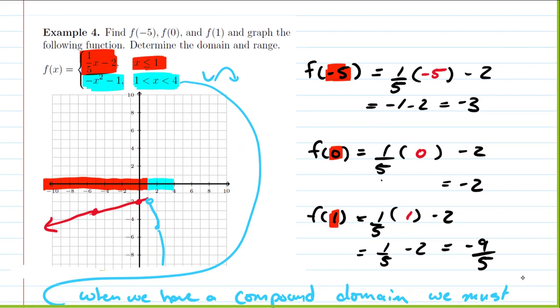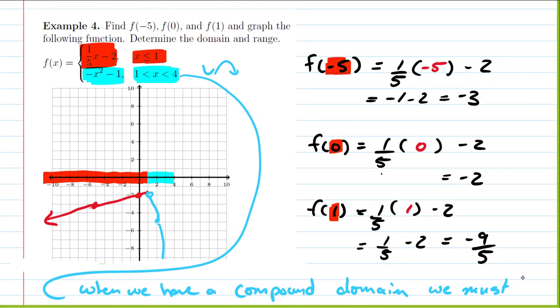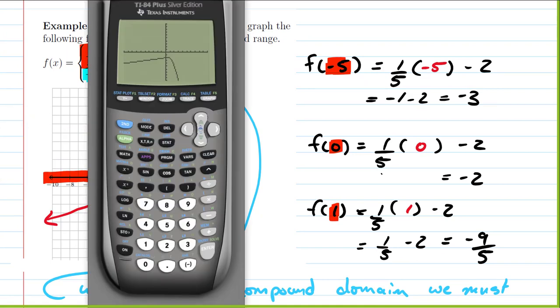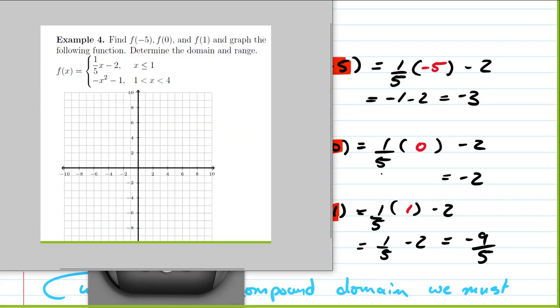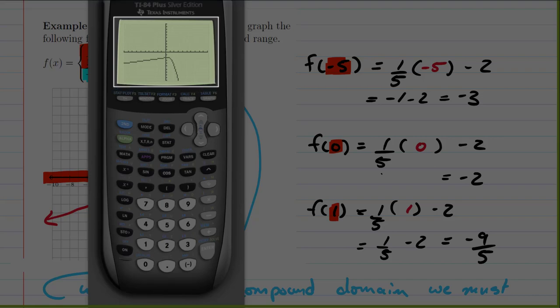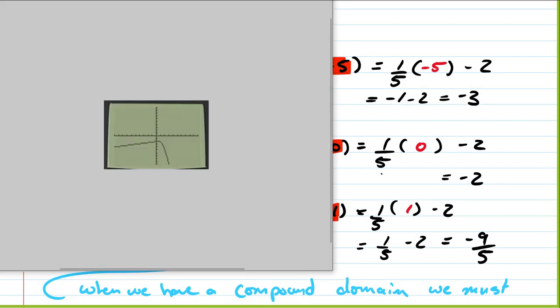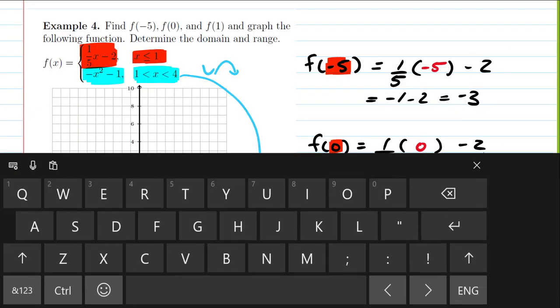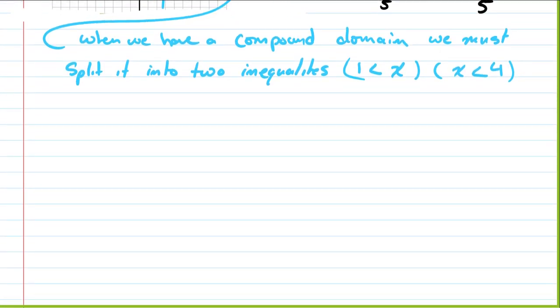So now that we have a nice picture, we can use this to help us find our domain and our range. So we look at our graph either on our calculator or on our graph, and we can use that to find our domain and our range.